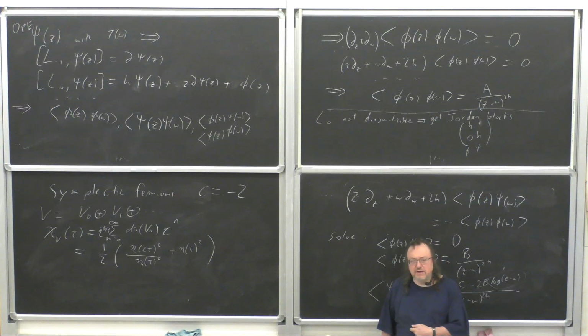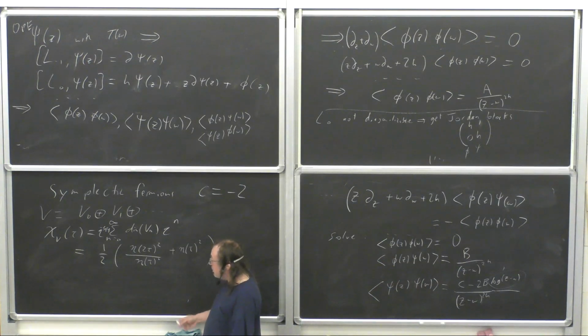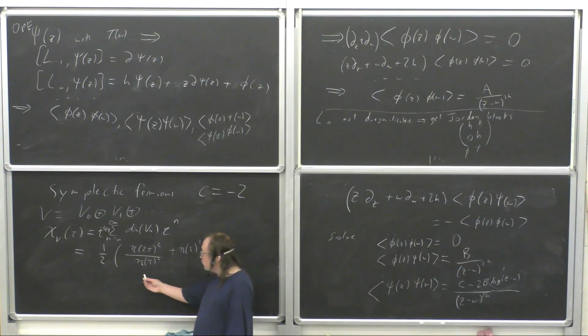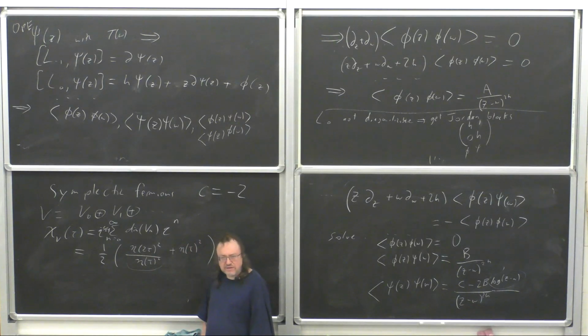But is there anything a little bit worrying? Is there anything that's hinting at something a bit sick about the symplectic fermions? Well, I don't know how much you guys know about modular forms. I'm sure some of you know a lot. For those that do know, what's the modular weight of this?